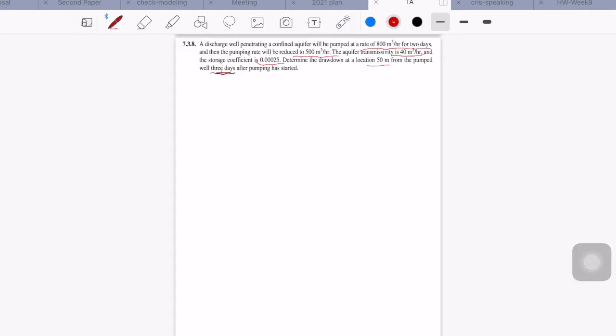So since the well discharge is not constant during the period, we apply equation 7.24 and equation 7.25 in the textbook, with N is 2 and Q0 as the beginning discharge is 0.